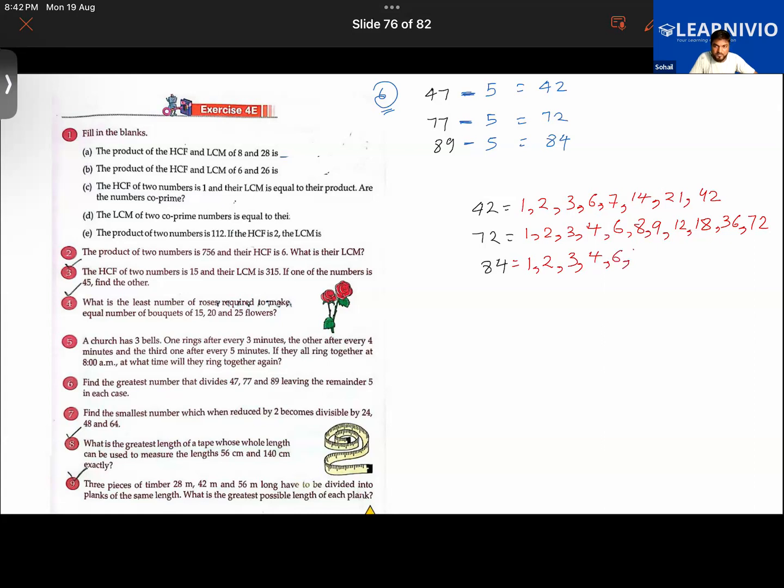Then read the table of 12. 12 sevens are 84. Then 14, since 14 sixes are 84. Good.